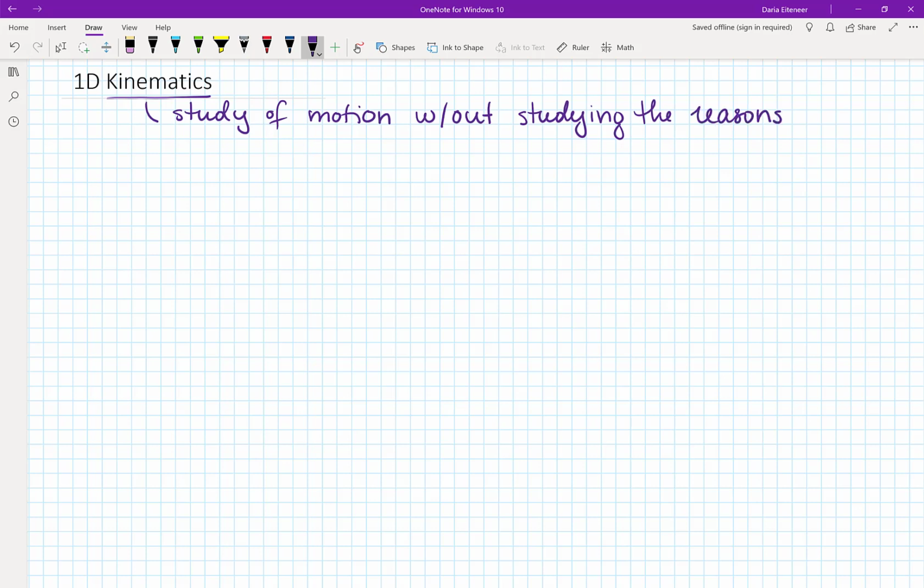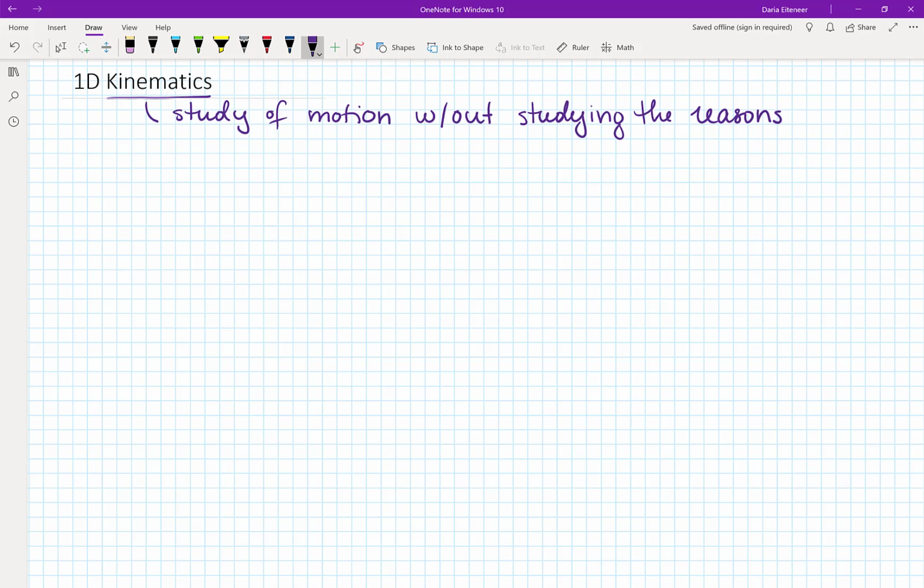In other words, let's say I'm talking about throwing a ball. So let's say I throw the ball and this ball is moving through the air. Or let's just say the ball is moving. So I am going to talk about kinematics as just the movement of the ball. I am not going to consider how the ball got there.